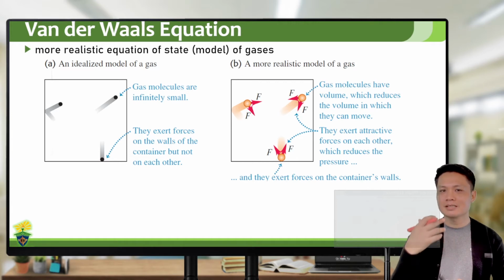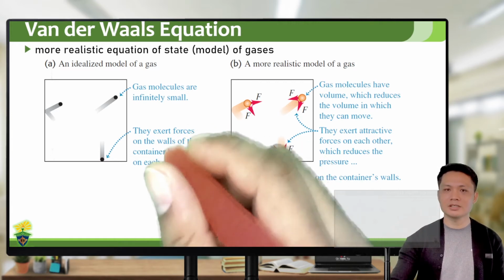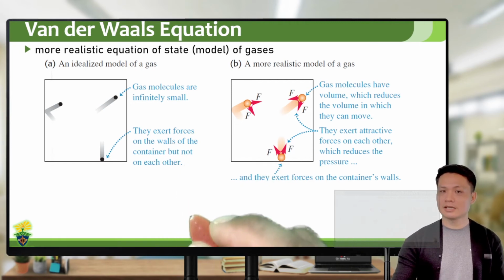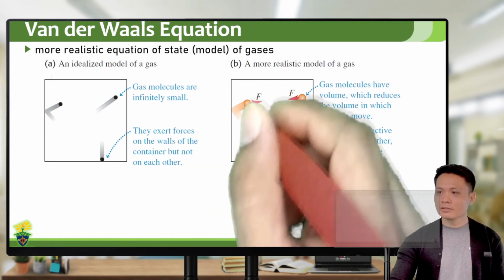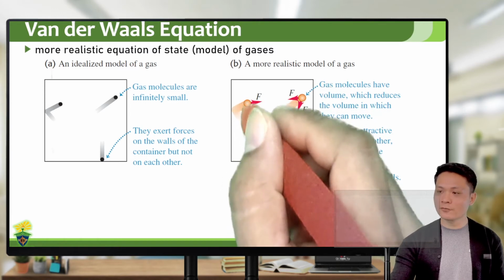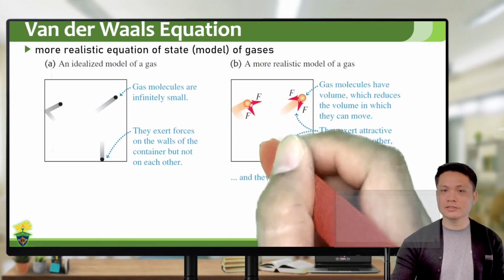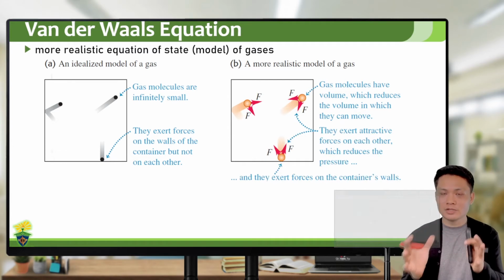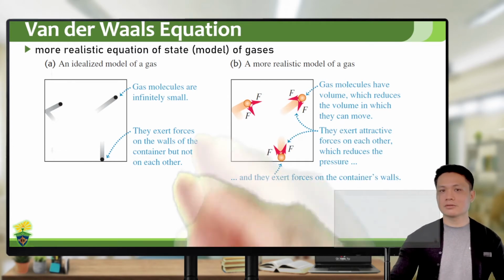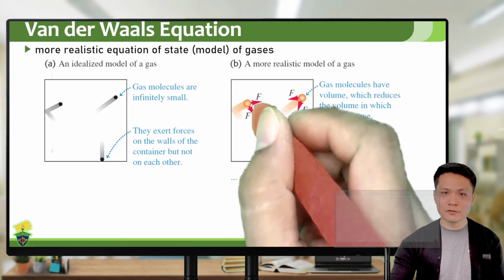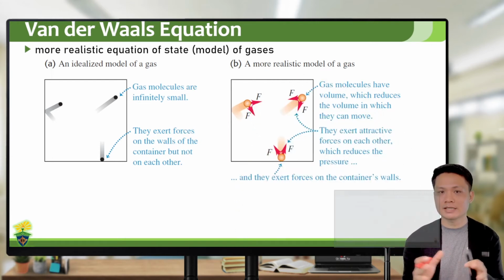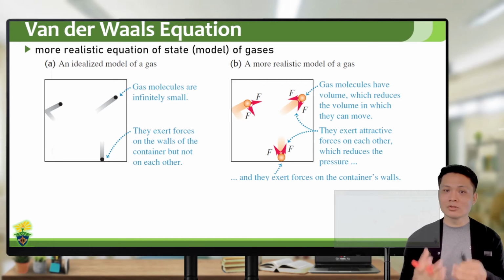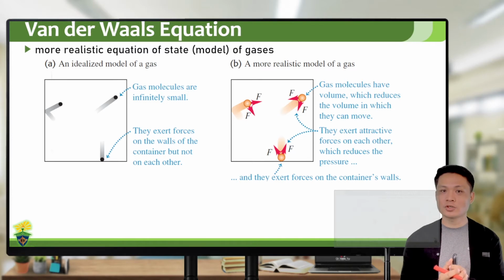And that is the same concept that is happening in a real gas model, where other than exerting forces on the walls of its containing volume, these particles also are exerting attractive forces with one another, thereby resulting in a lesser total or net force exerted on the walls of the bounding container.